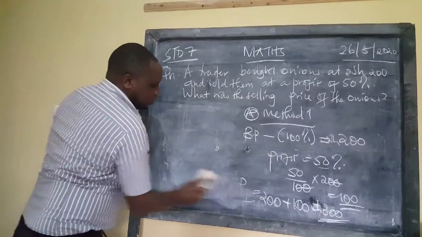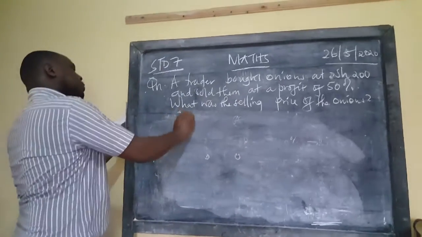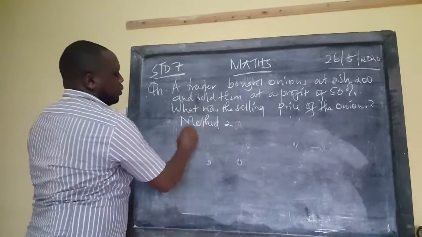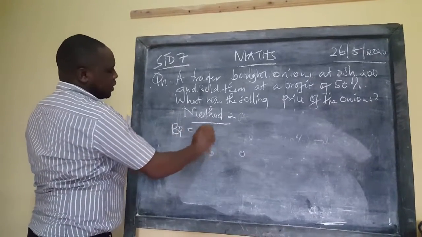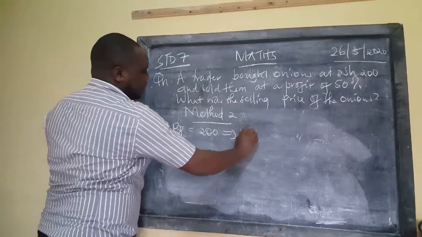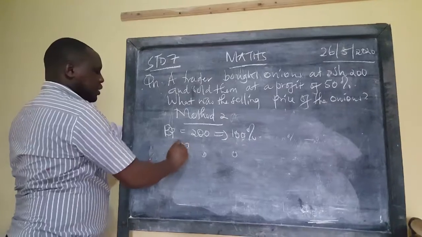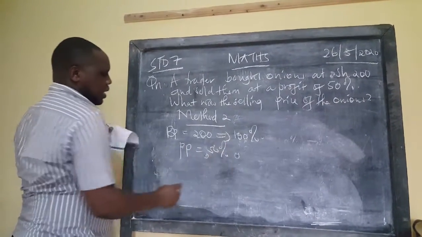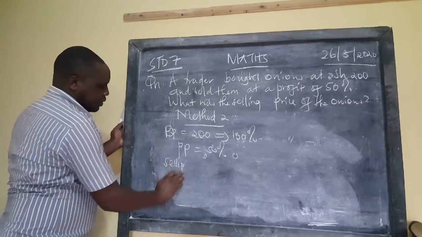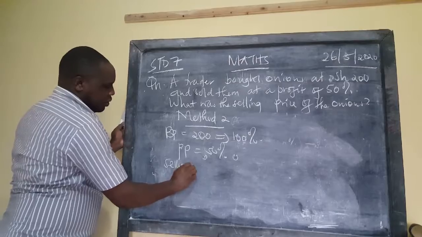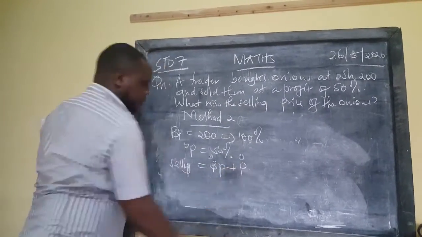Method number two. The buying price is 200 shillings and this is equivalent to 100%, meaning that the percentage profit is 50%, and therefore selling price is equal to the buying price plus the profit.